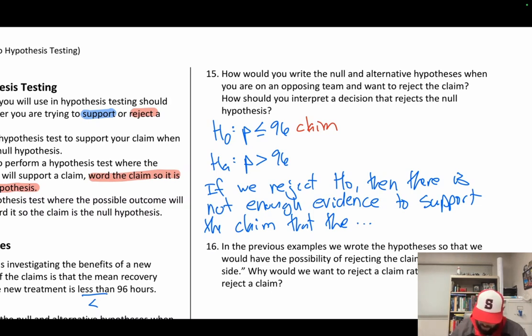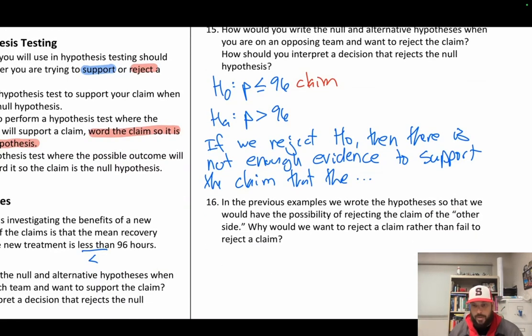All right, so in 16, if in the previous example we wrote the hypotheses so we would have the possibility of rejecting the claim of the other side, why would we want to reject a claim rather than fail to reject a claim?